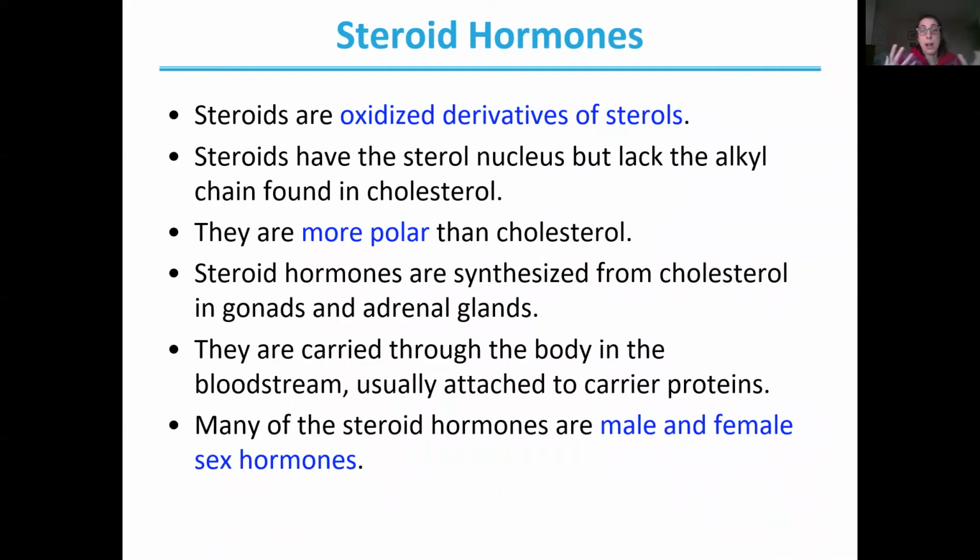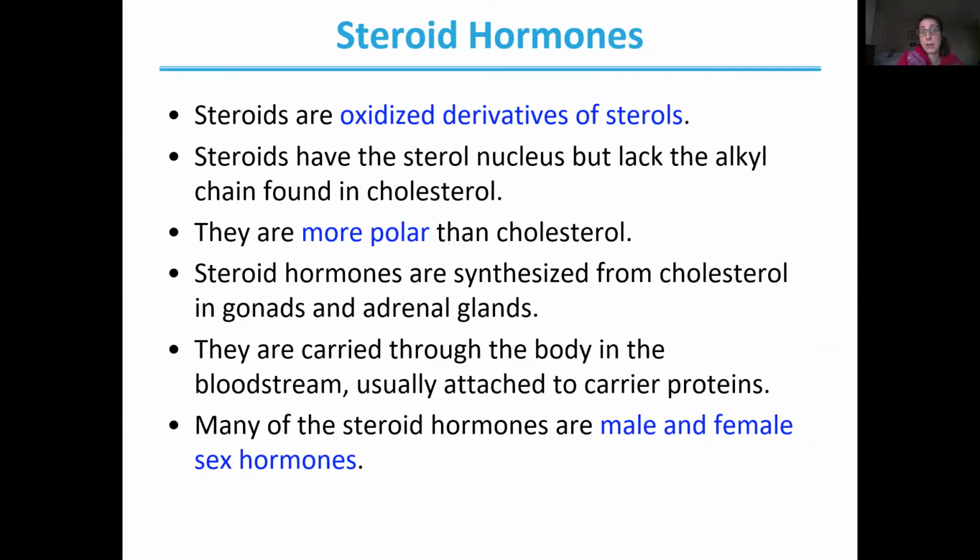They are some oxidized form. They tend to be a little bit more polar form of a sterol. They're more polar than cholesterol, and they're usually synthesized from cholesterol in gonads and also in our adrenal glands, where we're going to be also utilizing other signaling molecules to talk to our body. They get carried through the bloodstream, and again, they're usually attached to some type of carrier protein as they're moving through the bloodstream.